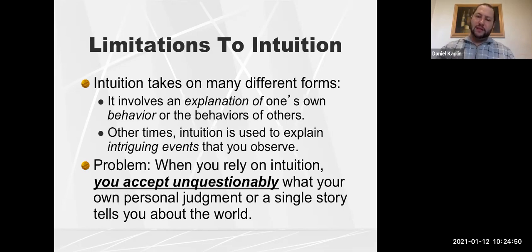But what happens is you remember the times your intuition was correct, and you ignore the times your intuition was wrong. So when you accept your personal judgment without question, that is a problem, because there are oftentimes different ways to see an event or explain the behaviors of other people.